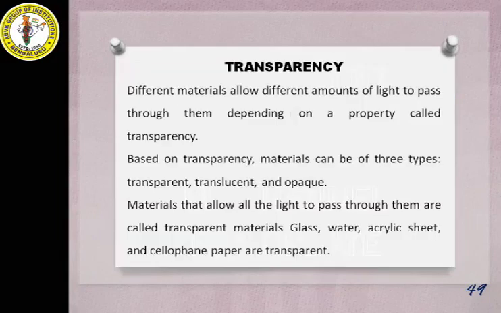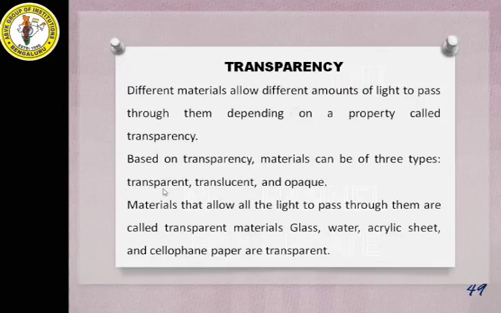The next concept is transparency. What do you mean by transparency? Different materials allow different amounts of light to pass through them depending on the property called transparency. Some materials allow light and some won't. The property of allowing light through them is called transparency. Based on transparency, materials can be of three types: transparent, translucent and opaque.